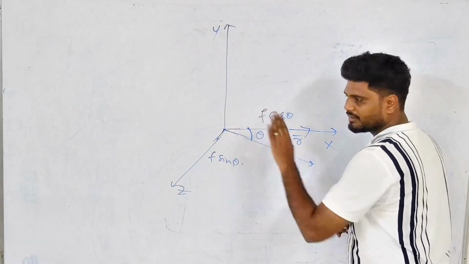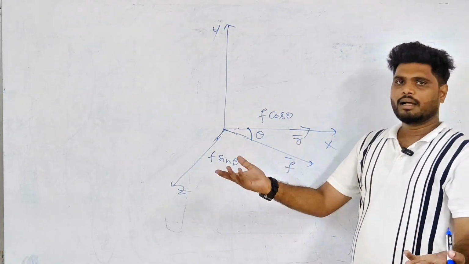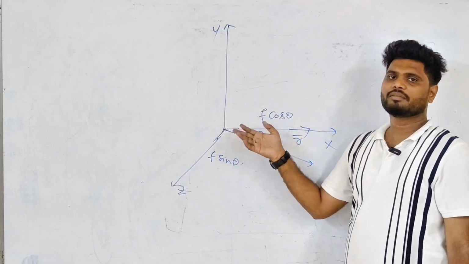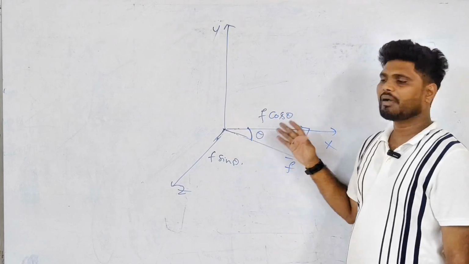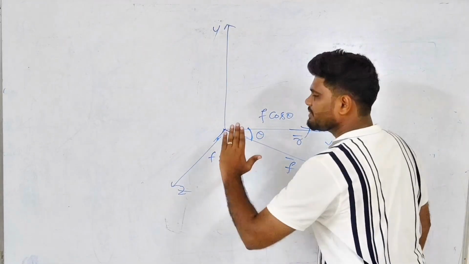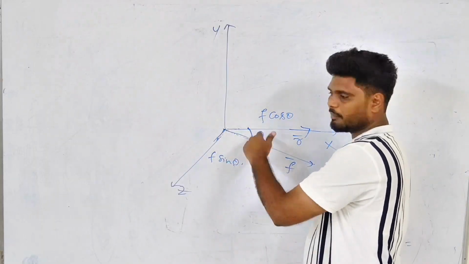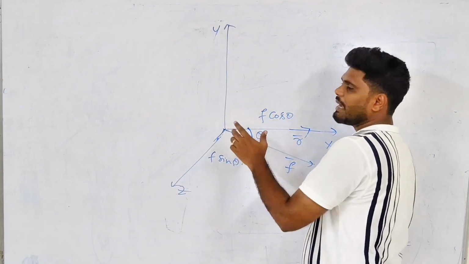If you push the door like this or at a certain angle, it will move, but a horizontal force does not support the rotation of the door. So F cos theta we are not taking, because it does not help the door rotate. But if you apply force vertically, the door will rotate. F sin theta is the component applied vertically.